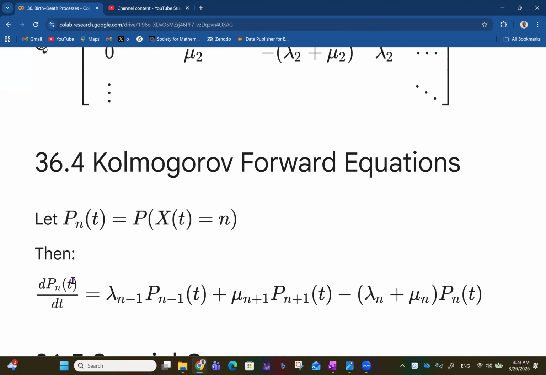Then dp sub n over dt is lambda n minus 1 times p n minus 1 of t, the rate of a step forward from the previous state, plus mu n plus 1 times p n plus 1 of t, the rate of a step backward from the next state, minus (lambda n plus mu n) times p n of t. That is, the rate of moving in from the previous state times its probability, plus the rate of moving in from the next state times its probability, minus the sum of the rates of moving forward and backward from the current state times the probability of the current state.